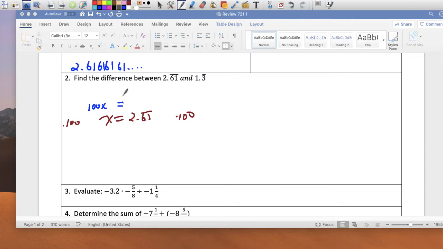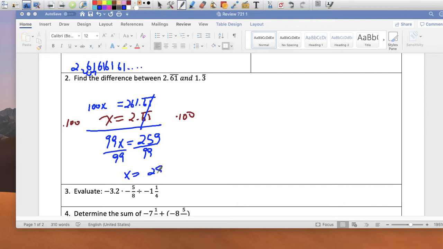So by multiplying by 100, we make it 100 times bigger, and we just shift the decimal. It's a little cheating here, so we don't have to actually multiply. So it's going to be 261.61 bar notation. 99x equals 261 minus 2 is 259, and these two will cross out. Divide by 99, and you're going to get x equals 259 over 99.